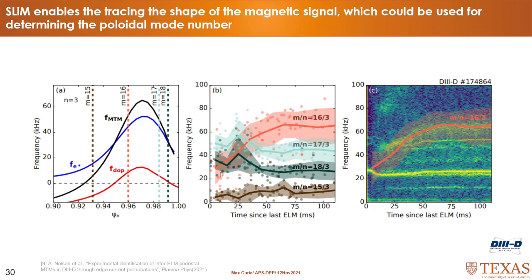And you can plot out all the frequencies for each time slice with different poloidal mode numbers, as you can see in the middle plot, ranging from 15, 16, 17, 18. And you overlay with experimental observation, the spectrogram, then you find that the poloidal mode number m equals 16 matches best with the experimental observation. Therefore, it's likely that this frequency band has a poloidal mode number of 16.